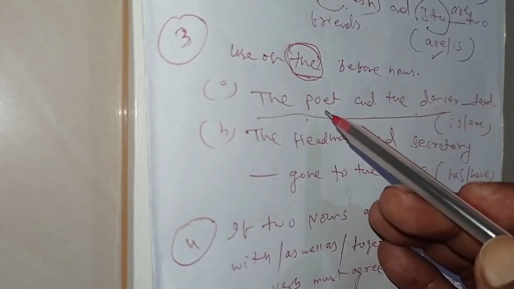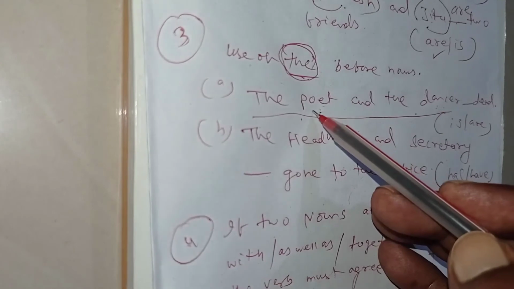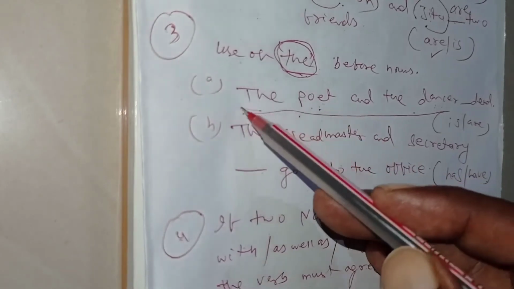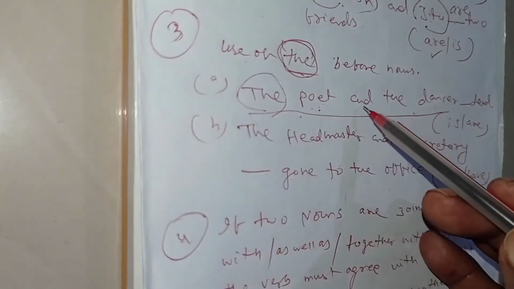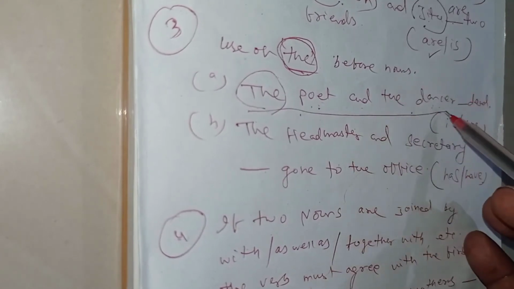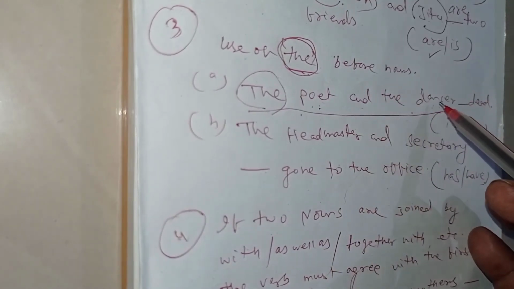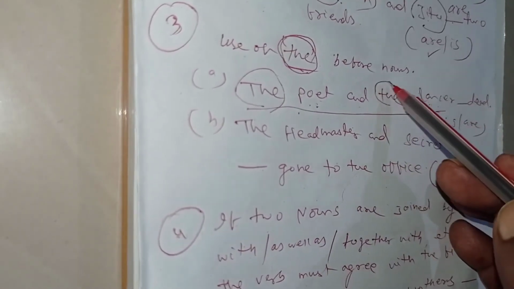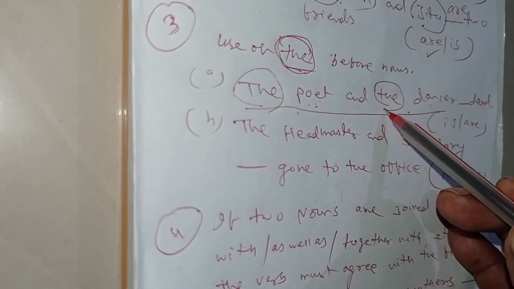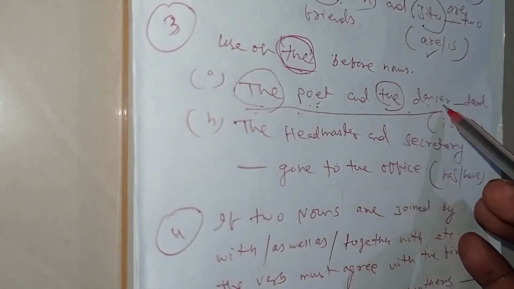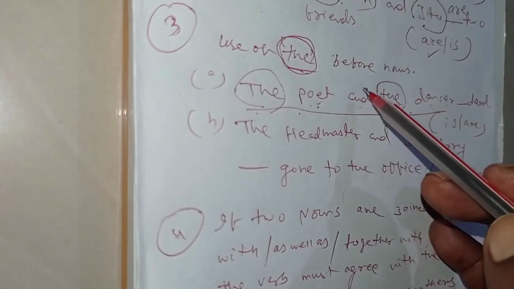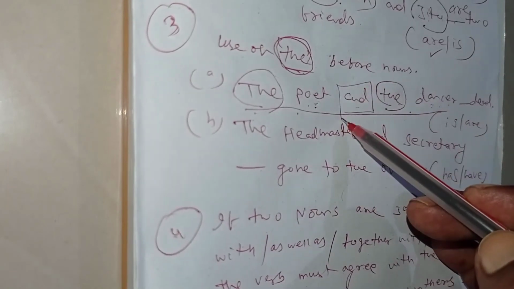But you see here, before the word poet there is the article the, and after and there is another noun, the dancer, and before the noun dancer there is also the article the. These two nouns are joined by the conjunction and.